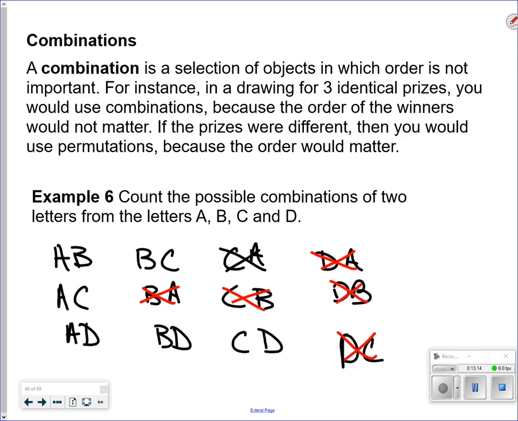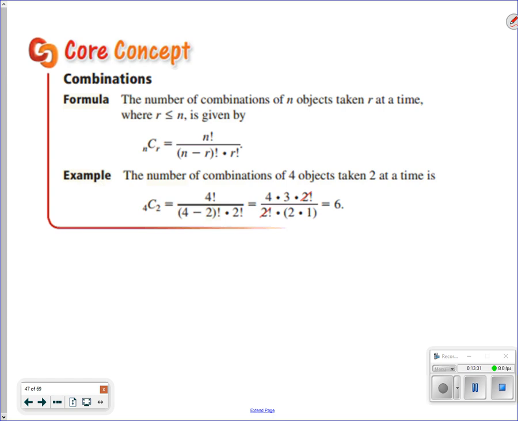You're talking about 6 combinations instead of, excuse me, if the order does matter, there's actually 12, and it's not always half, so don't think of that situation, but there are way fewer combinations than permutations. Now, there is a formula that will be given to you.